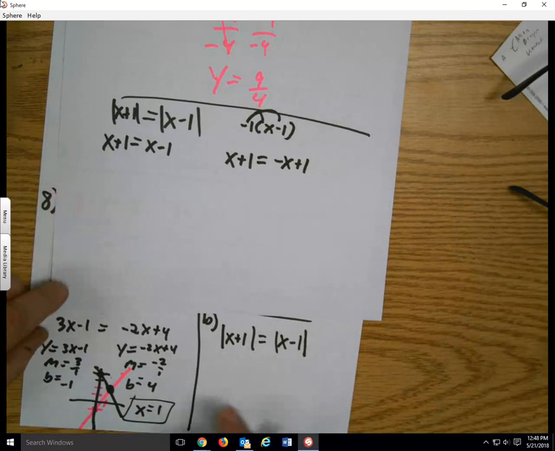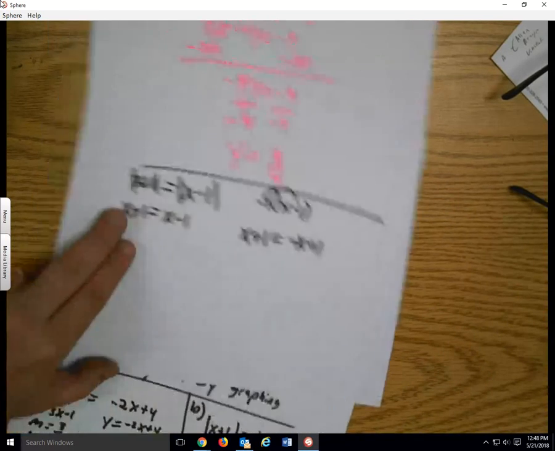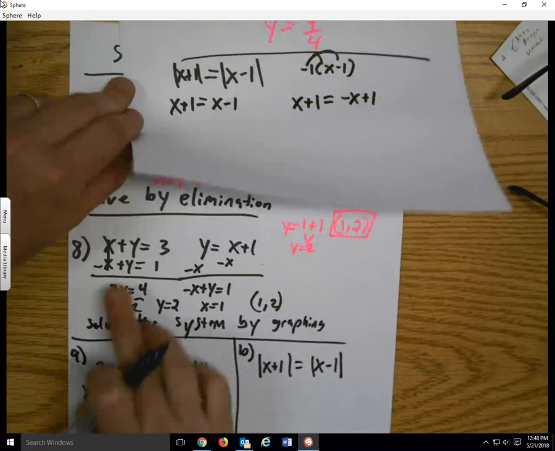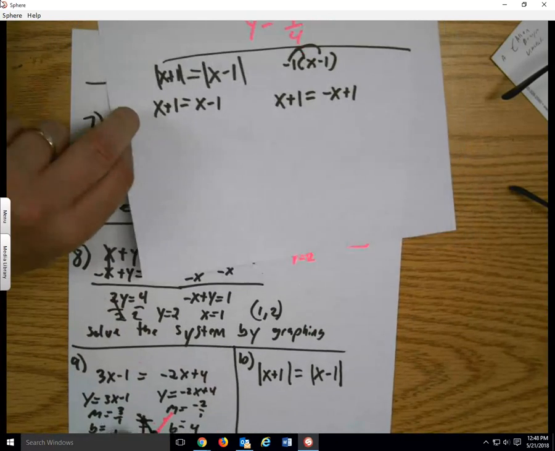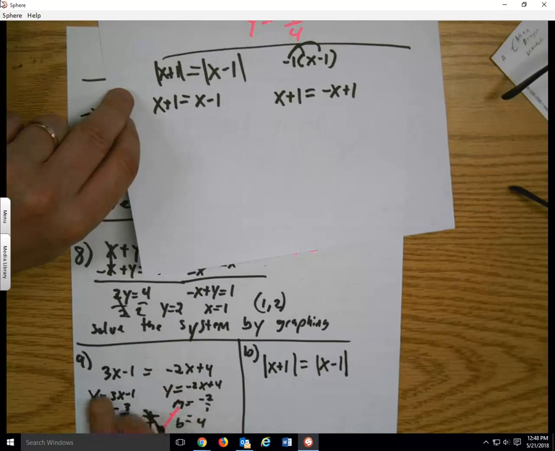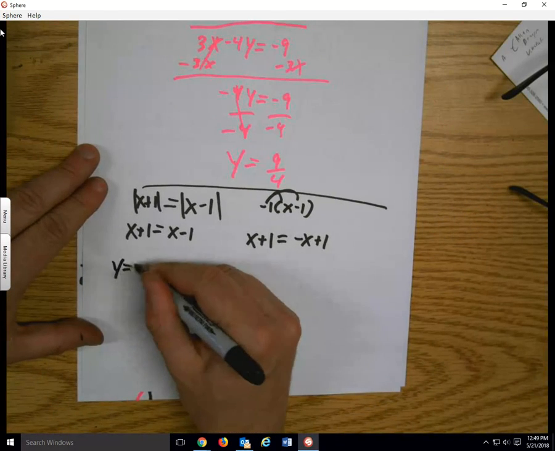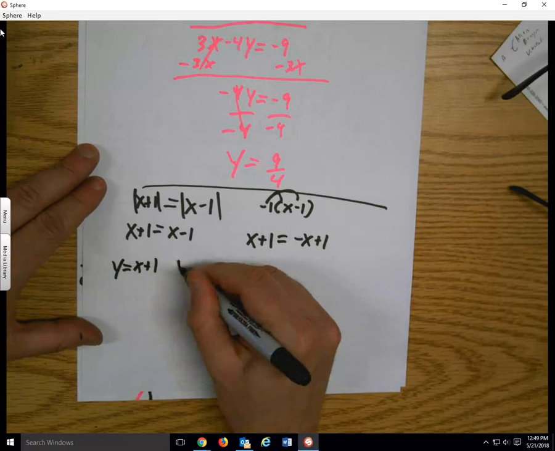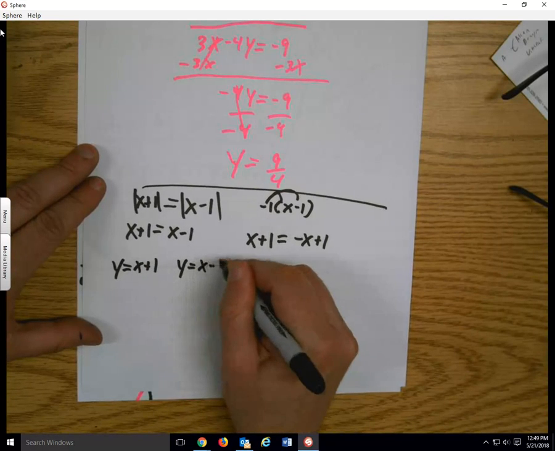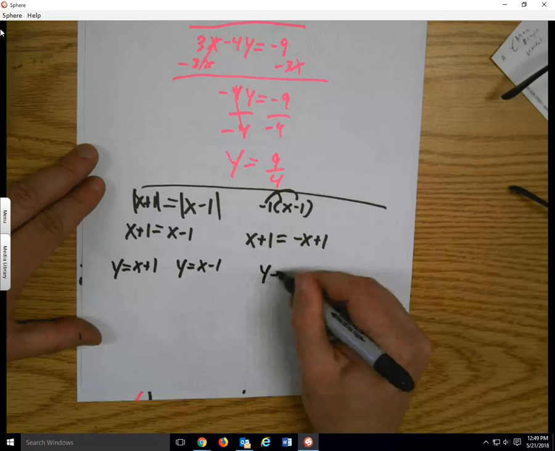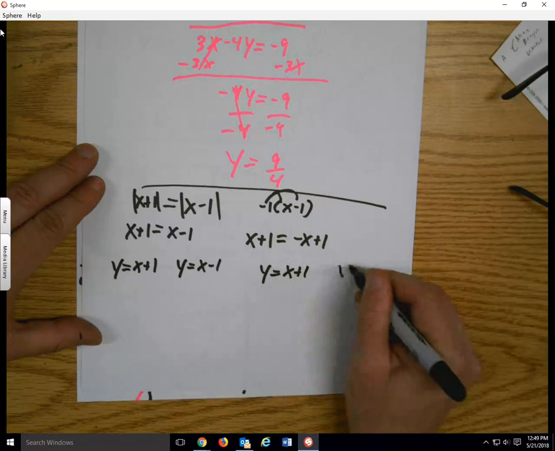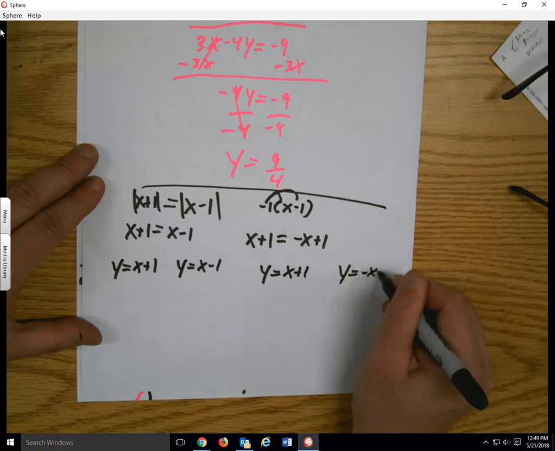Okay, so now, once you do that, this problem turns into the one we just did up here, where we just added the y's. So y equals x plus 1 and y equals negative x plus 1.